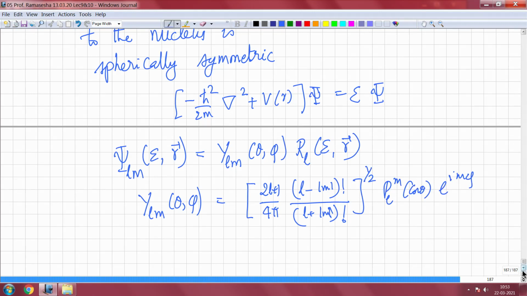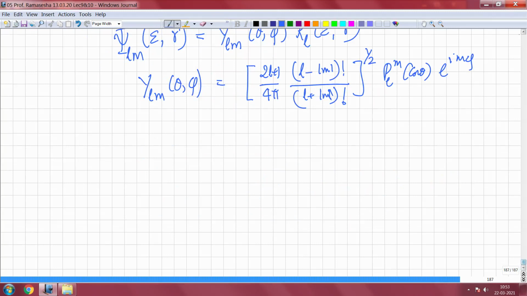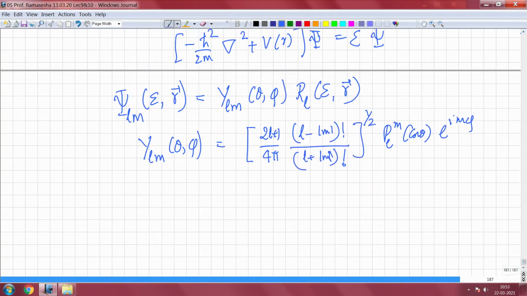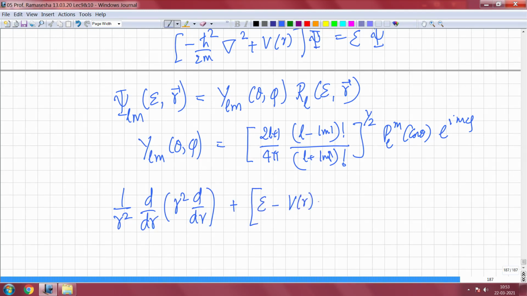And once you introduce this, the angular part is a solution of the angular part of the Schrodinger equation, and you can separate the variables just as in the case of the hydrogenic problem, and what you get is the following: 1 upon r squared d by dr r squared d by dr, plus epsilon minus V of r minus L into L plus 1 by r squared.